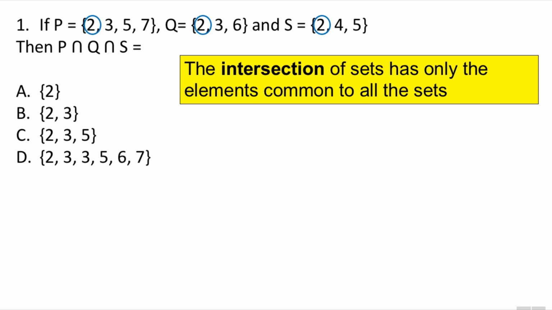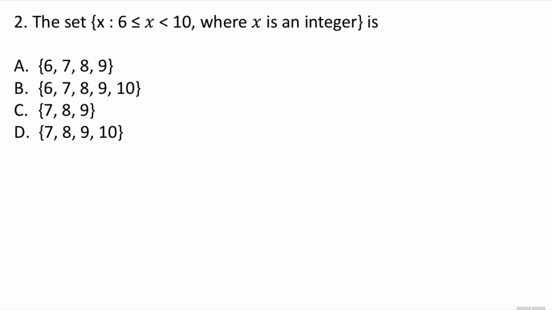So the intersection of P, Q, and S would have been 2, which therefore means our answer is A. Lovely.